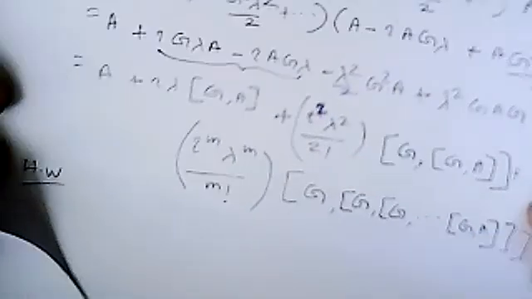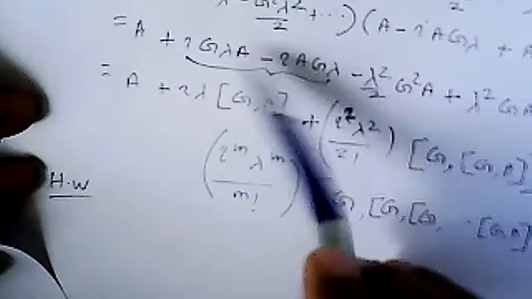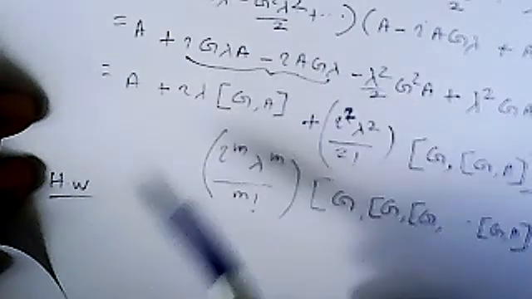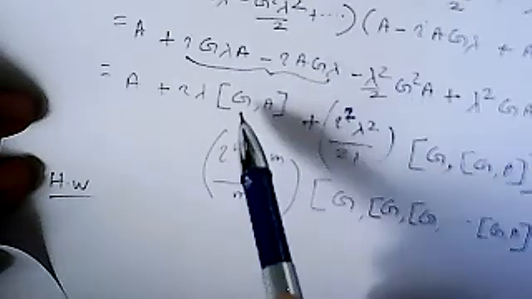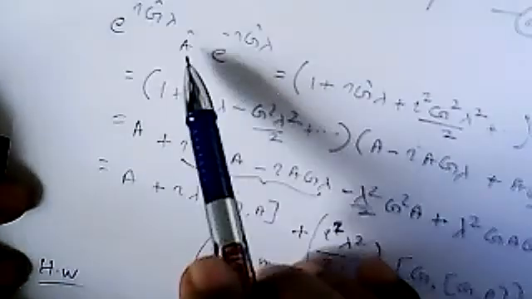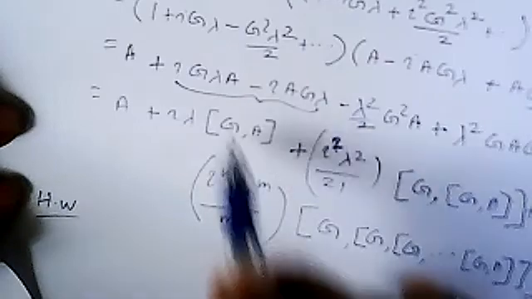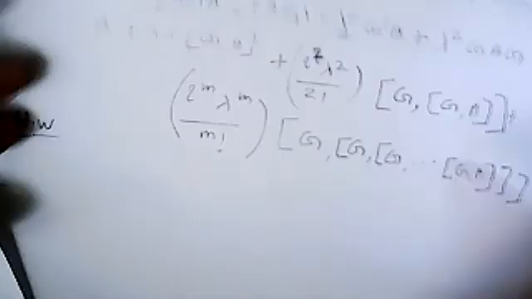Finally you can write that as A plus, see, two terms you can combine, and you can write it as i lambda into GA minus AG, that is the commutator. So this is G and this is A. In terms of that you can expand this, so this is a series, and you will get a series, etc.